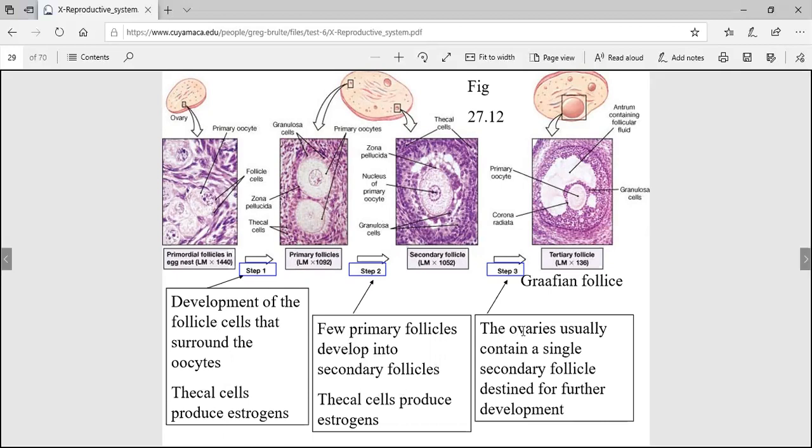And then one of those will usually contain a single secondary follicle that's destined for further development, and so it will become this guy. This is the mature follicle, or the tertiary follicle, or you can call it the old school Graafian follicle.